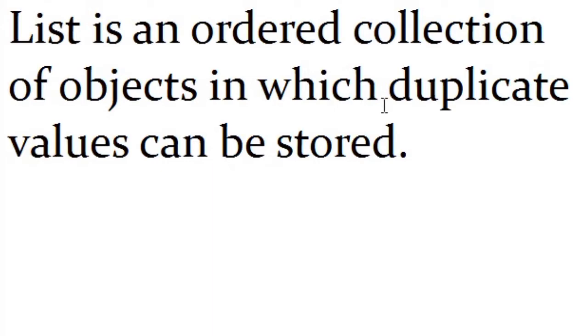It says duplicate values can be stored, which means you can or cannot store them. So you can store a name 2 times, 3 times, it doesn't matter. You can store it once or twice, whichever one you want.